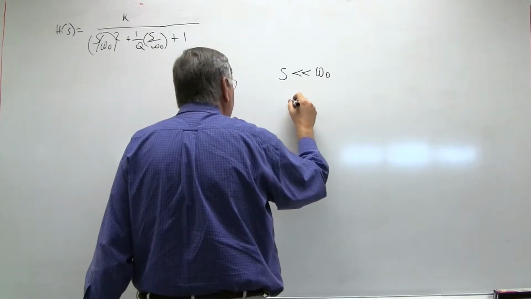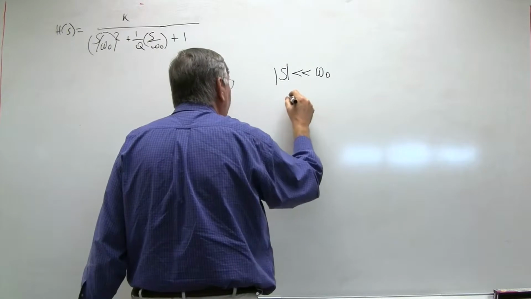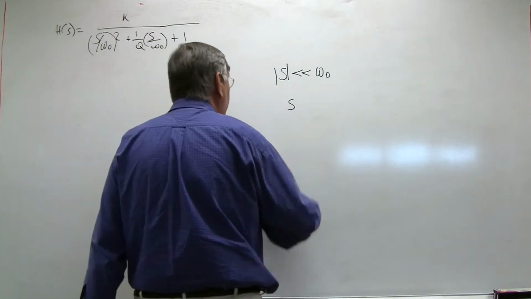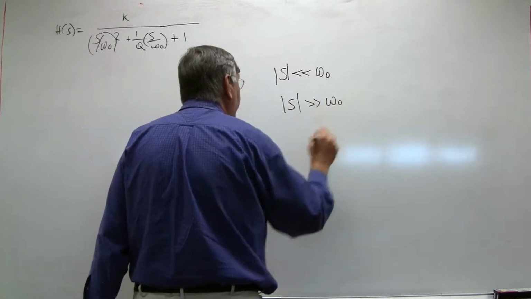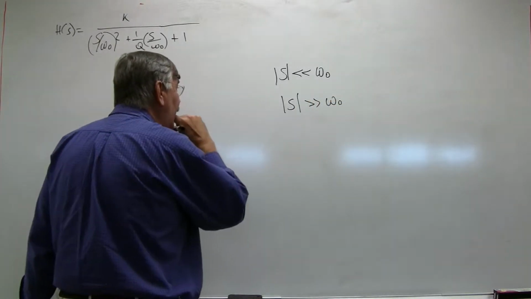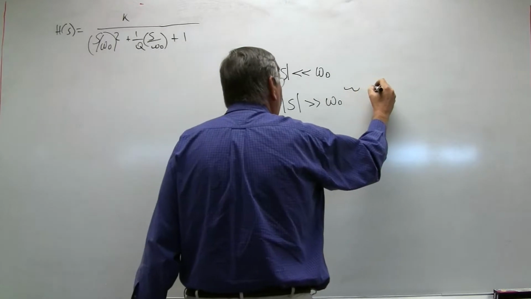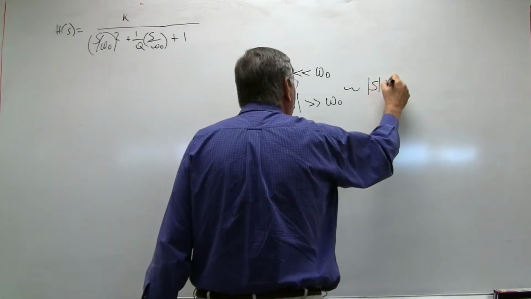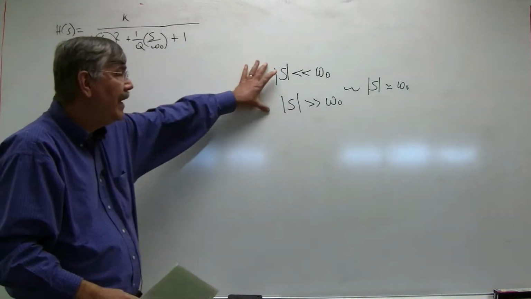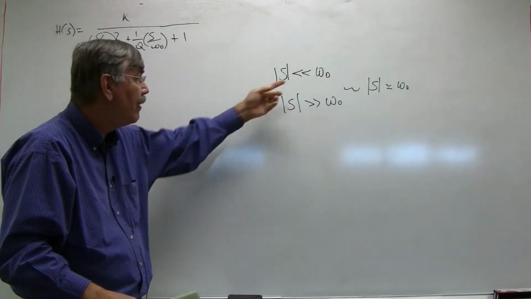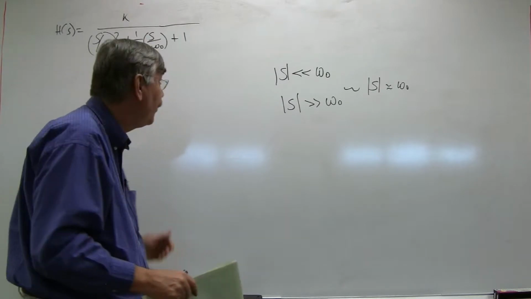That produces one region. When s equals j omega is much greater than this characteristic frequency, that is another. And we may have a third region when s is on the order of magnitude of omega naught. But the main asymptotes are for the low frequency range and the high frequency range.